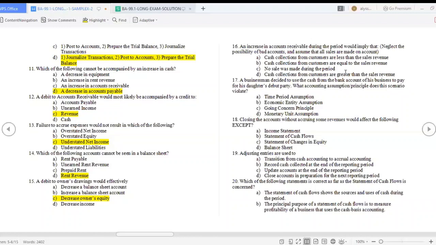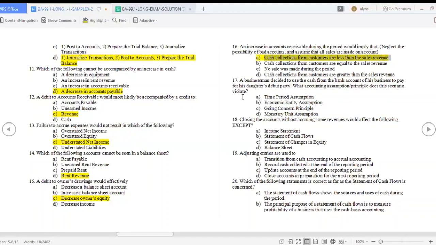So if there is an increase in accounts receivable, it means that your revenue is greater than your cash collections. So correct answer is letter A. Cash collections are less than sales revenue. Sales revenue is greater than the cash collection.